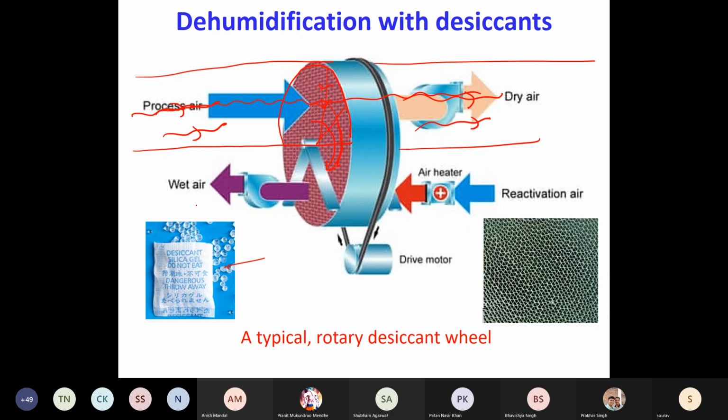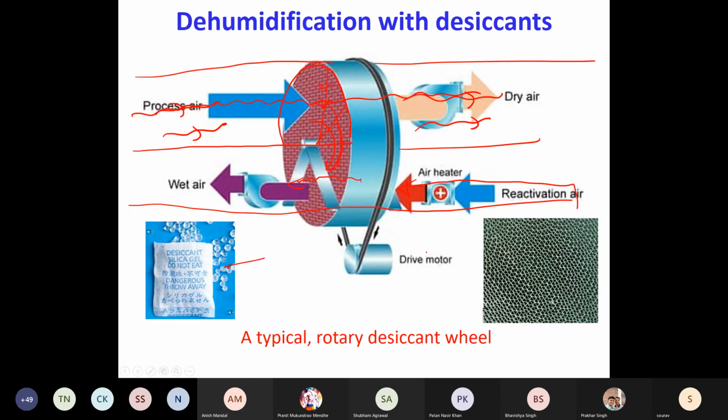Now there is another duct at the bottom side. We supply hot air to this bottom side, and this hot air, which could be of the order of 70-80 degrees C, this high temperature air will then regenerate the silica gel.